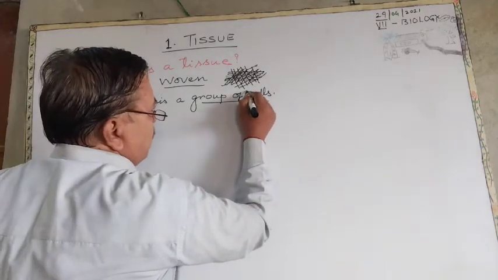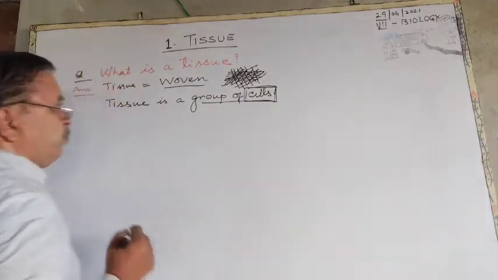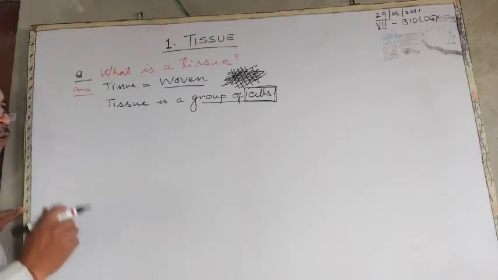But for this group of cells to be called tissue, there are certain conditions. The cells which combine to form the tissue have certain specific features or nature.